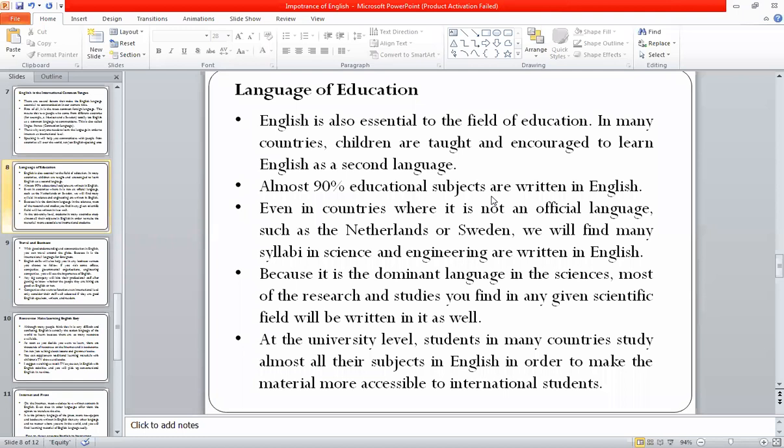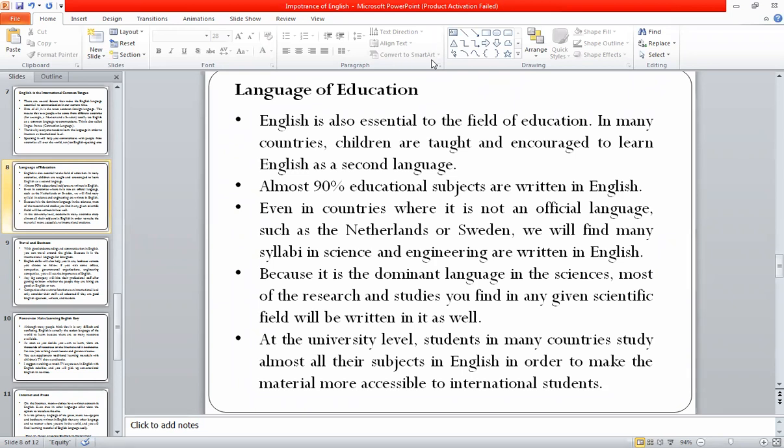So yes, almost 90% of educational subjects are written in English, except our mother tongue. Okay, we have our mother tongues, like if we are living in Maharashtra, we have Marathi as mother tongue, but if we are living in Kerala, their mother tongue is different, that is Malayalam. So more than 90% of the educational syllabus or subjects are written in English.